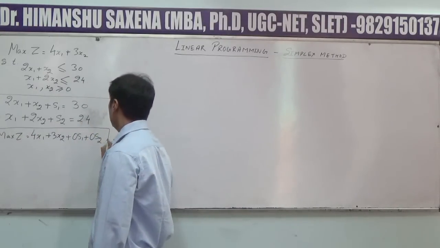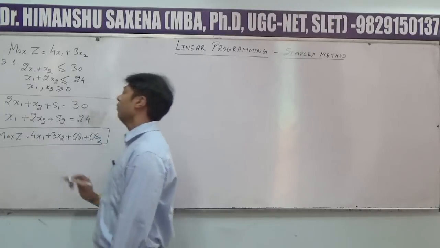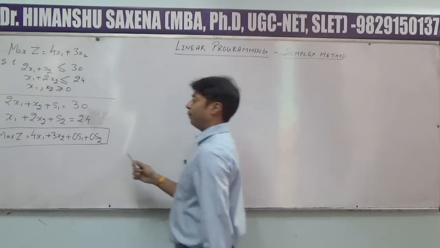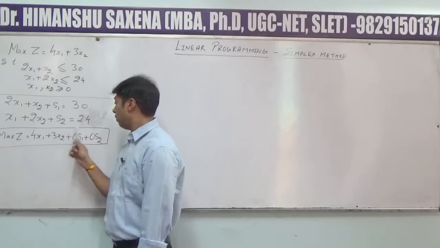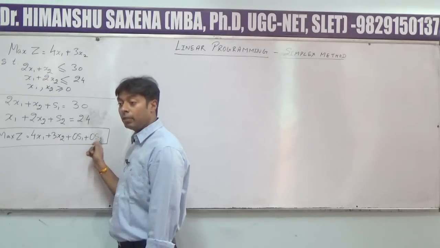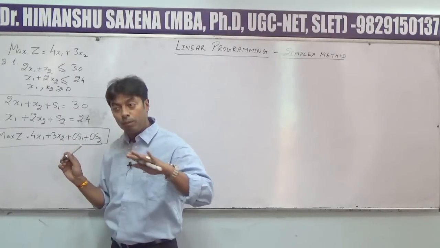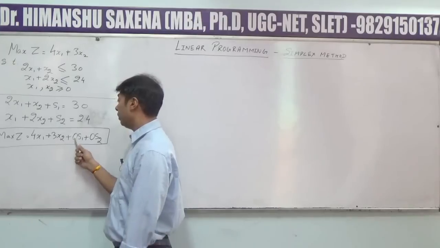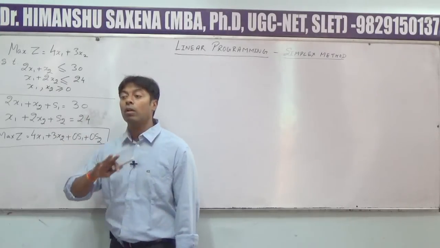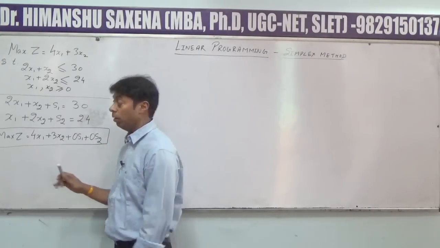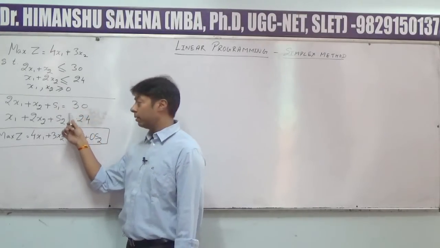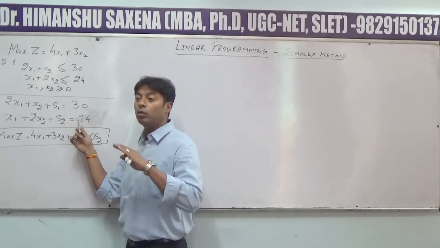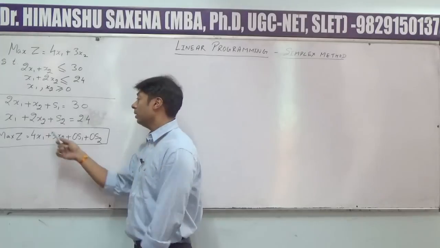This will be our revised function. The profit of X1 is 4, the profit of X2 is 3, while slack variables S1 and S2 were added only to balance the equations. Their contributions are always equal to 0.